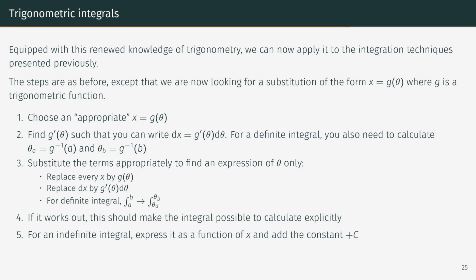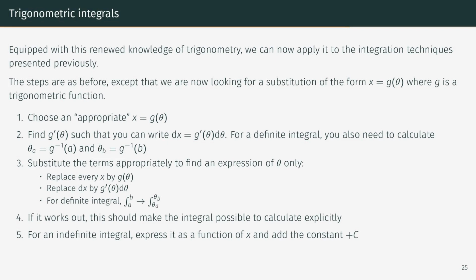Third, we substitute the terms appropriately to find an expression which only has theta in it. We do this by first replacing every x by g of theta. Then we replace dx by g prime of theta d theta.